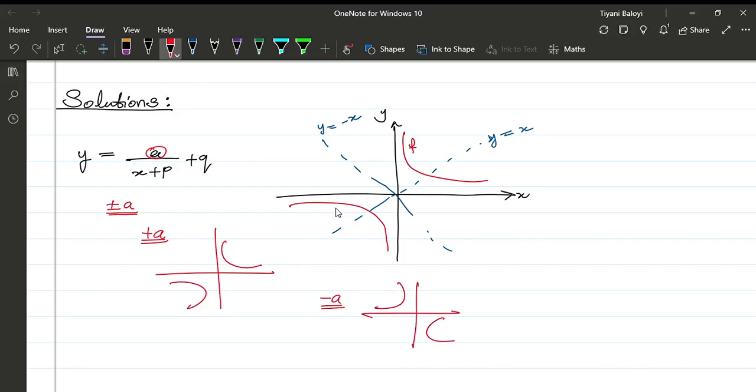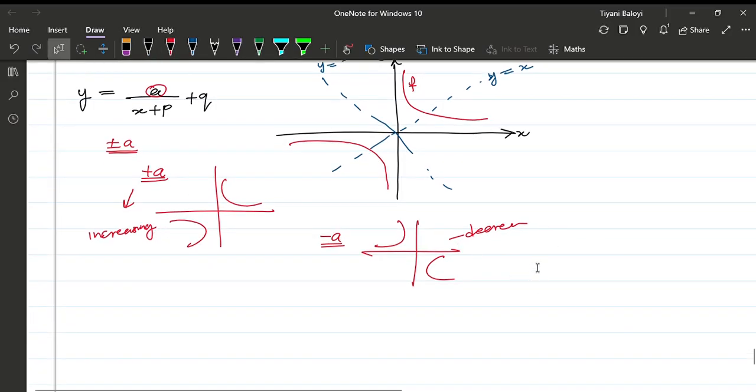If you have a positive a, this is called an increasing function, which means you have a positive gradient. If you have a negative a, we call this a decreasing function, which means you have a negative gradient, right?